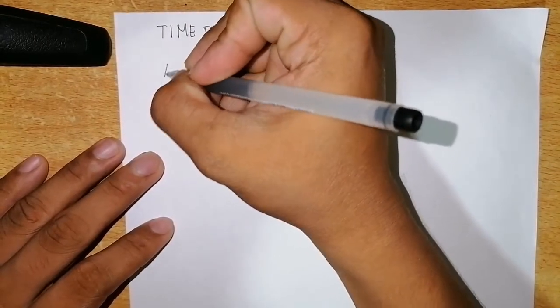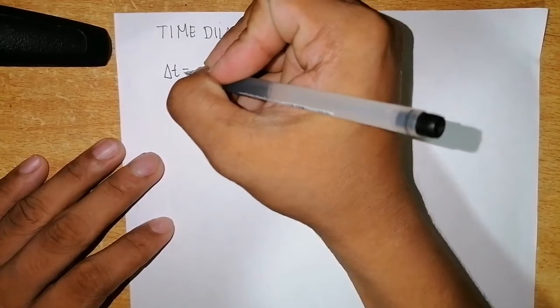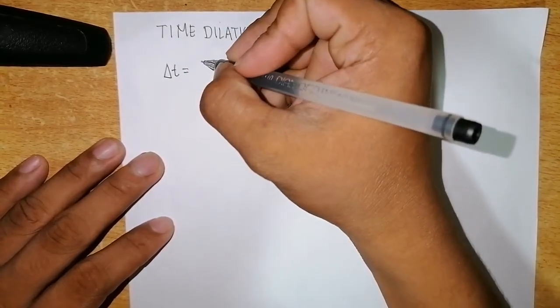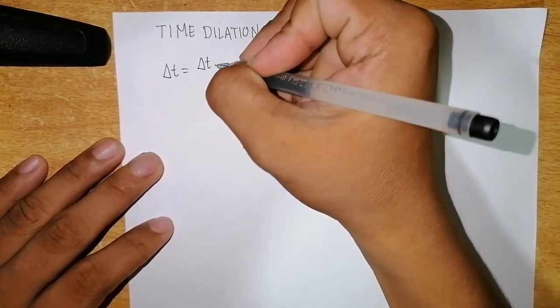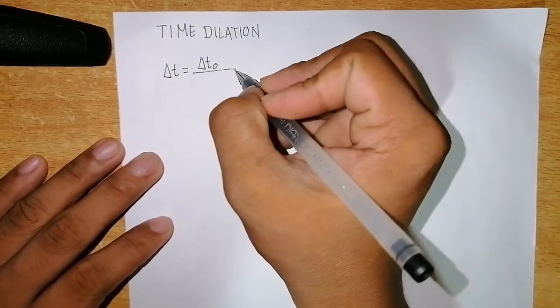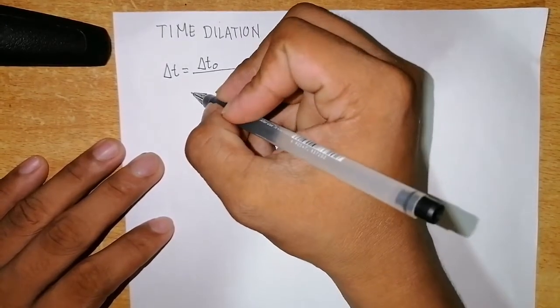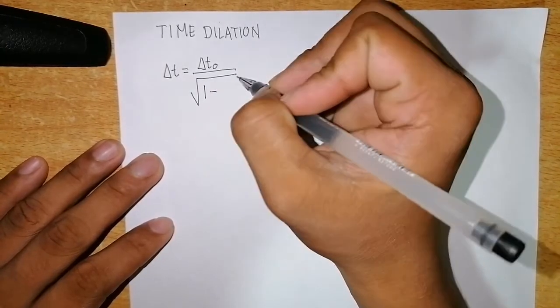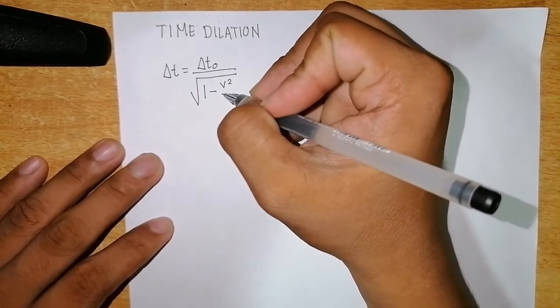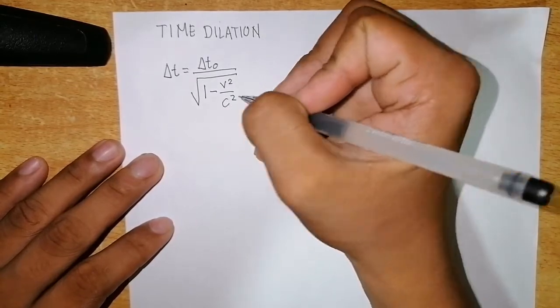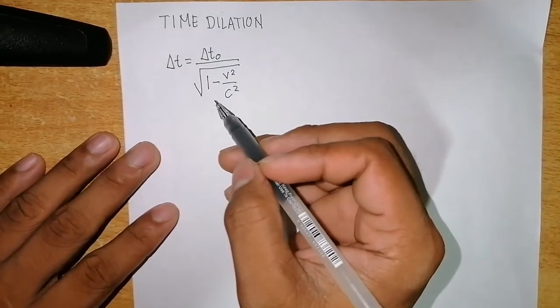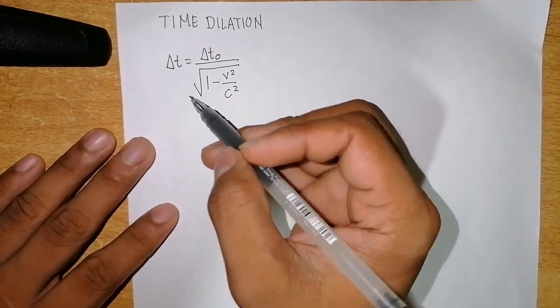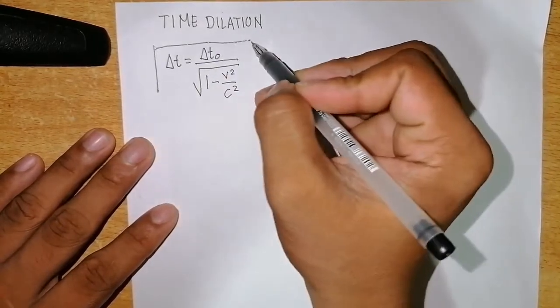So we have the change of time is equal to the change of time, stationary time, over the square root of 1 minus v squared over c squared. So this is the very basic formula for our time dilation.